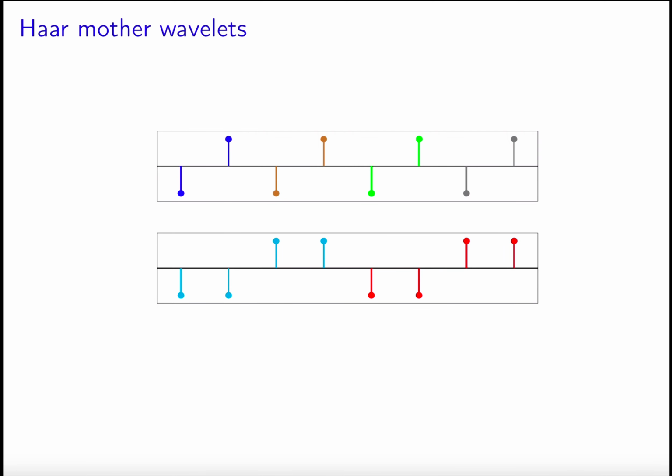Because if we put them on top of each other, so just to be clear, I'm talking about a vector that looks like this, and then a vector that looks like this.